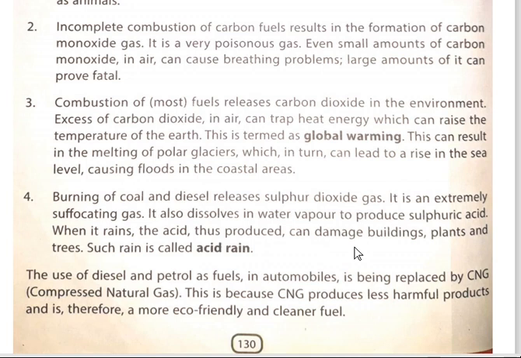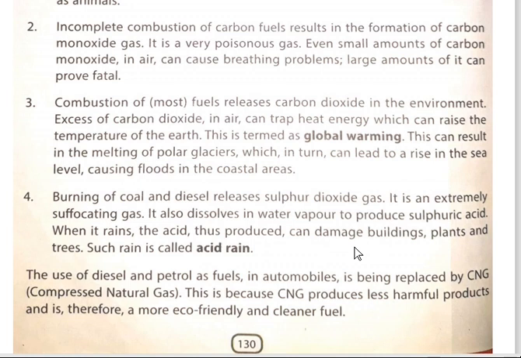So acid rain is also caused due to the burning of fossil fuels, burning of coal, diesel, means due to combustion. The global warming, acid rain, carboxyhemoglobin, and others. These are very important, very common problems caused by the burning of fuel, that is, combustion of fuels.